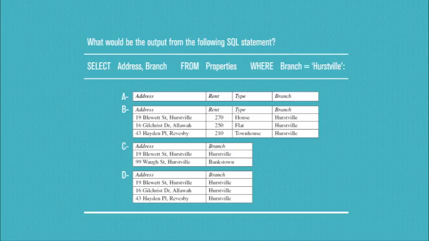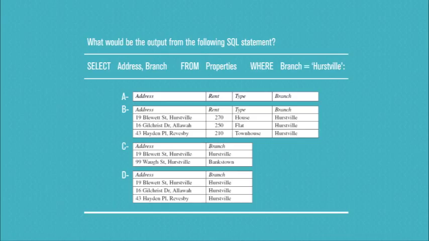Option B, well, it's got address, rent, type, and branch. Let's go back to the SQL statement. The SQL statement just says select the address and branch fields. So I think we could probably rule out option B as well. In option C, you can see that the branches listed are Hurstville and Bankstown.